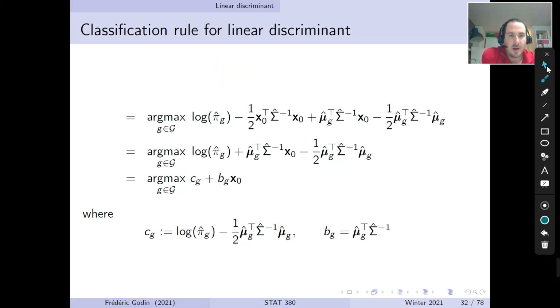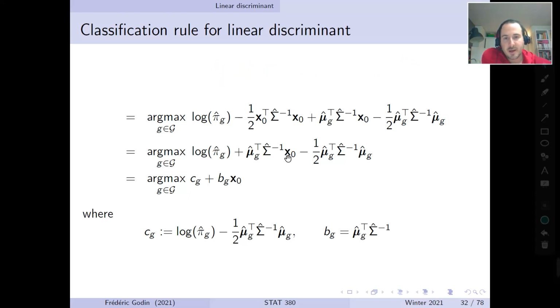Then to go from here to here, we notice that this term, which has x0 and x0, has no g anywhere, so we can remove it when we do the maximization, and then we obtain the following quantity. All these terms are 1 by 1, so this entails maximizing a scalar.